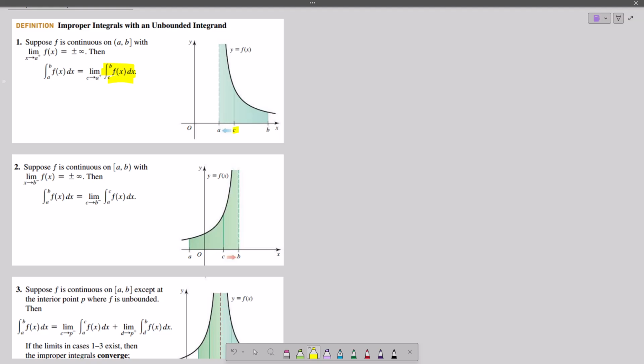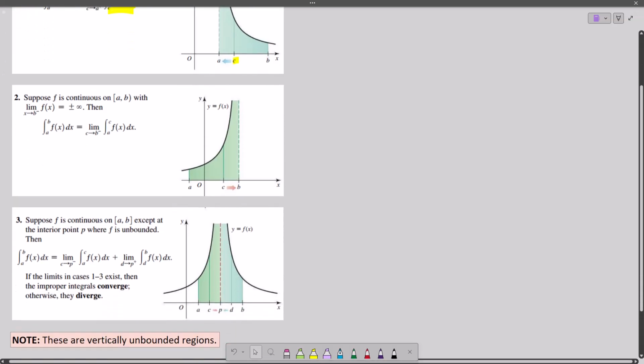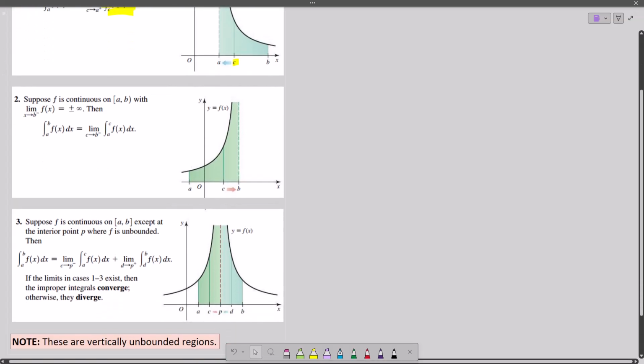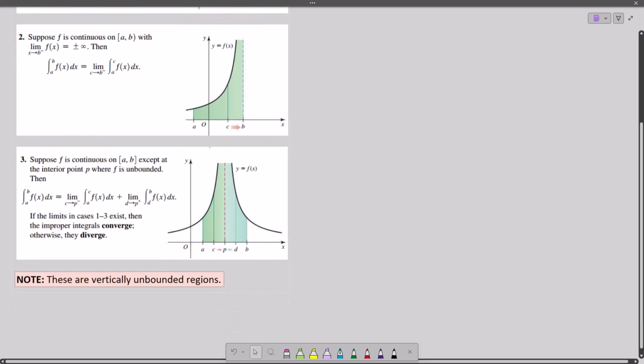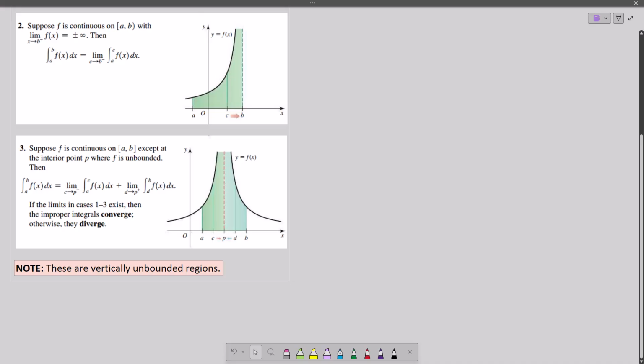We have to stay within our region. So c has to go to a from the right. Down here, c would have to go to b from the left. And if we have the double problem, we split it at the asymptote and do 2 separate improper integrals, and then add them together.